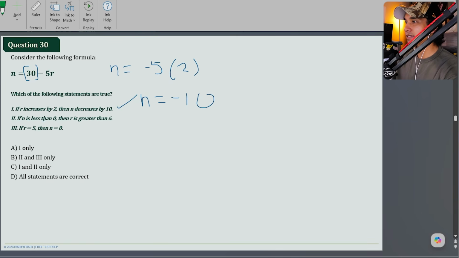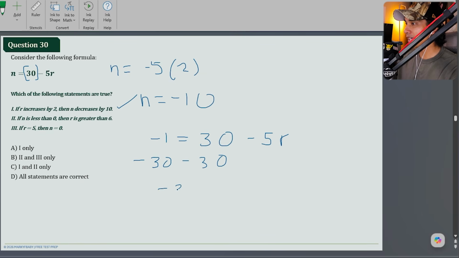If N is less than 0, so let's go -1, and then R is greater than 6. Well, let's go see if that's true. Equals 30 minus 5R, and then minus 30, and I'm going to get -31. What I did was I did -30, and I thought this was a +1, and I got -29 or something. Now, it still would have made sense, actually.